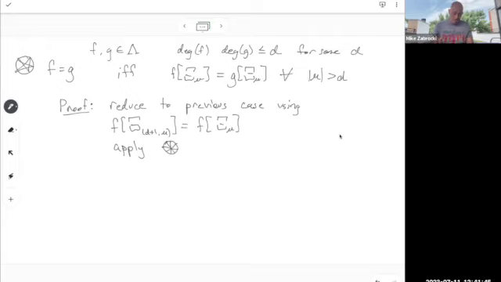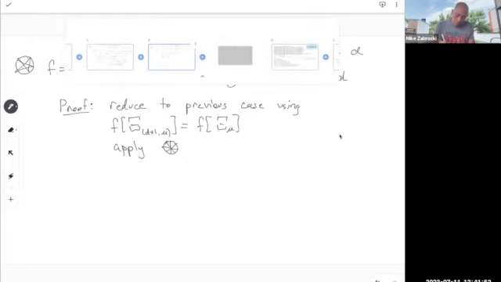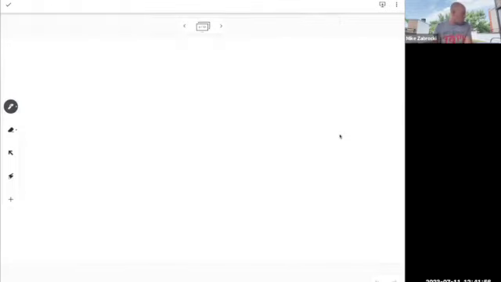Okay, so now I'm ready to prove my power sum expansions for these character polynomials and show how they all work.